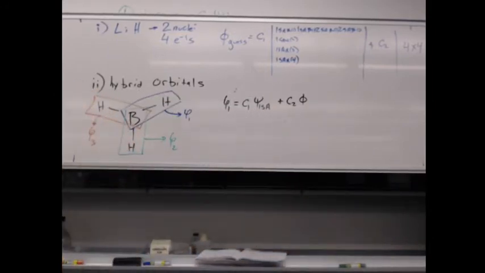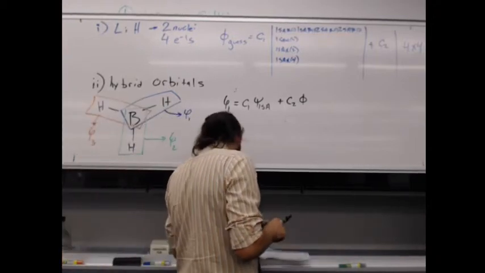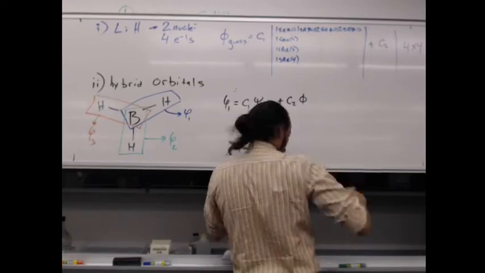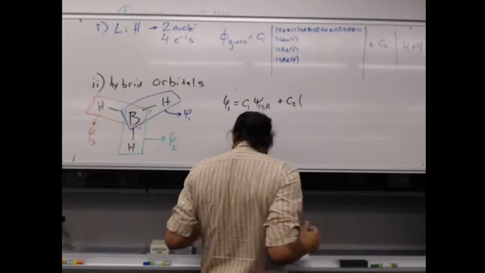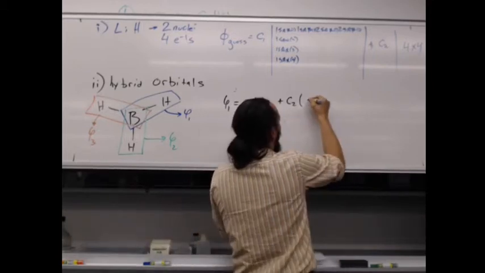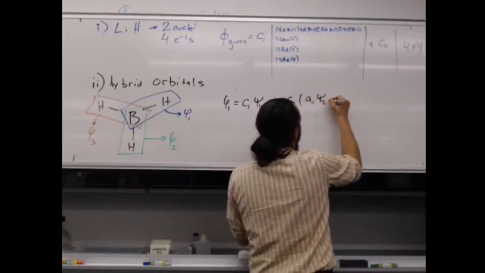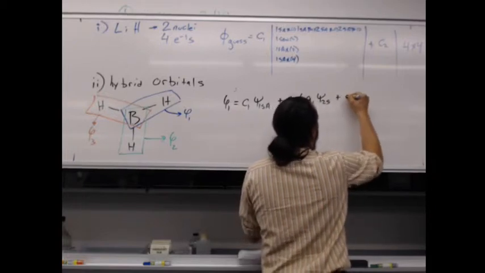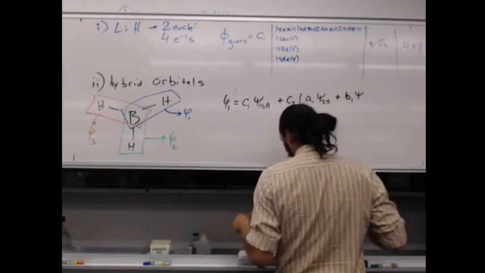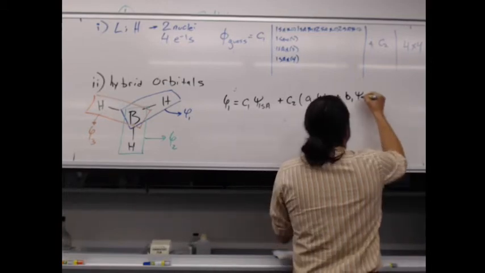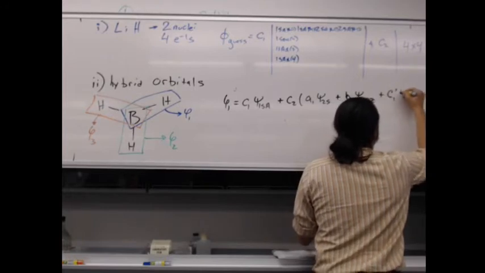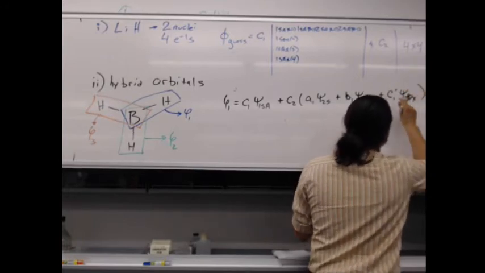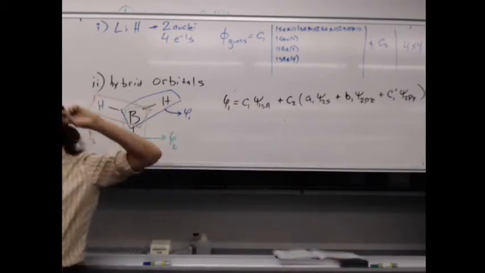And this is where the hybrid orbital theory actually comes in. Instead of just putting anything there, I'm actually going to put an entire set of functions here. And I'm going to write these, and then I'll explain how this comes about. And I have to put a prime because I already used a C1 there, so that's a different C1.